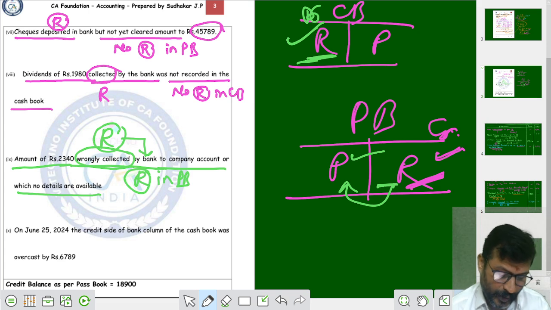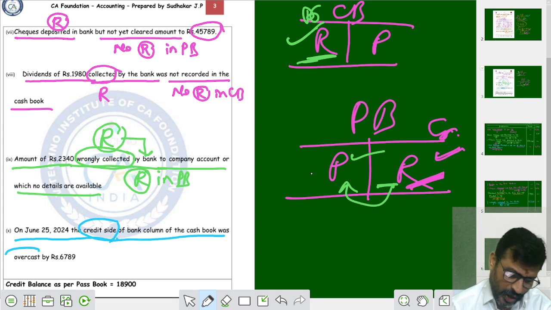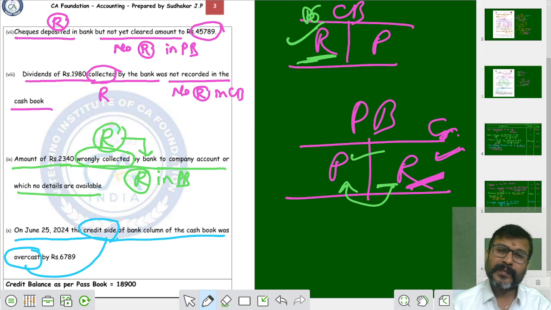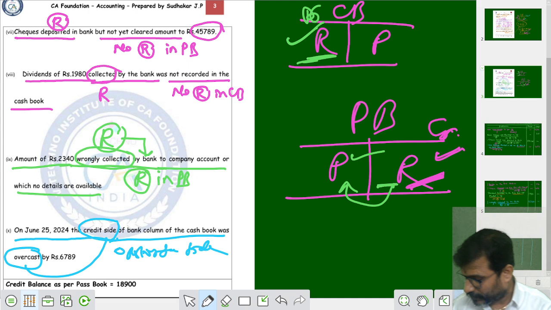See what is there in the problem. On June 25, the credit side of the bank column has an overcast. So on the credit side it is overcast. When it is overcast, take it on the opposite side.